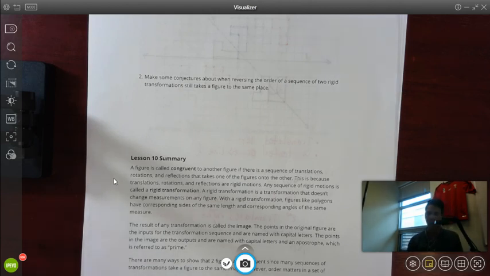But the order of these transformations is definitely going to matter depending on what kind of transformations you are doing. If you're only doing reflections or only translations or only rotations, order is not usually going to matter, but if you are mixing and matching, frequently the order does matter.